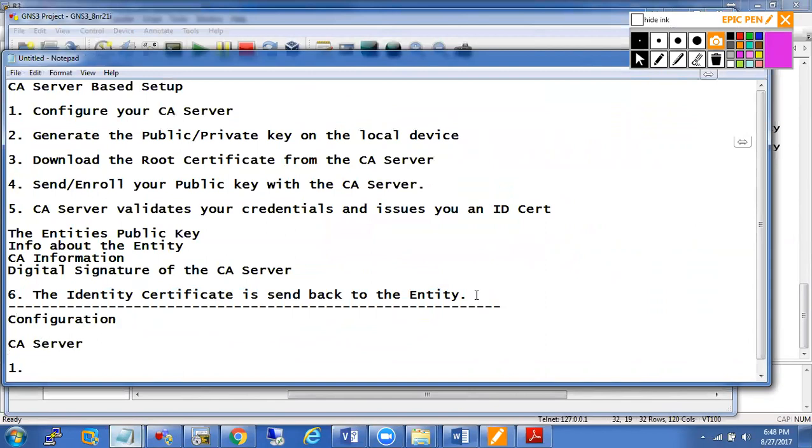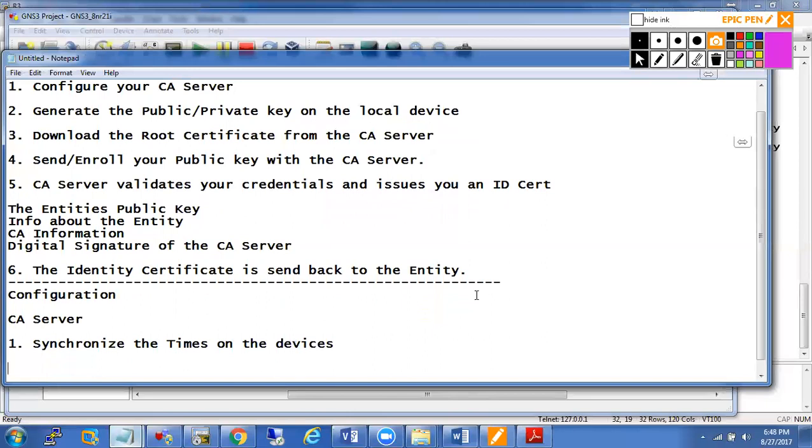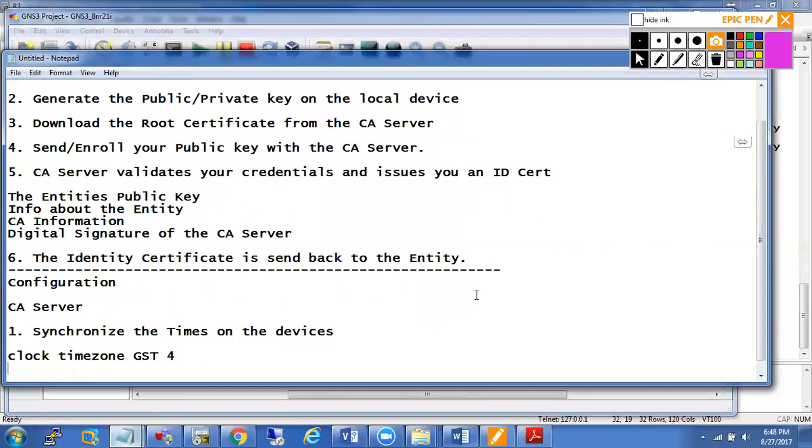Step 1. Synchronize the times on the devices. Set your time in the clock time zone. I'll say the clock time zone is GST, Gulf Standard Time, +4. And I'll set my clock. Right now it is 5:18, which is 17:18:00. Today is the 27th of August 2017.